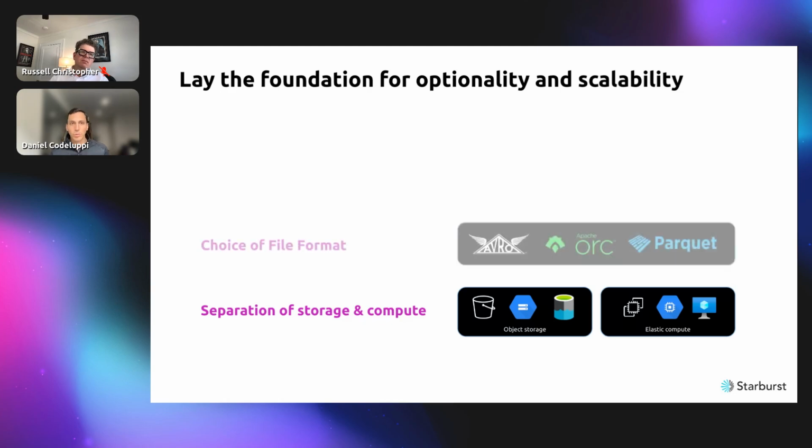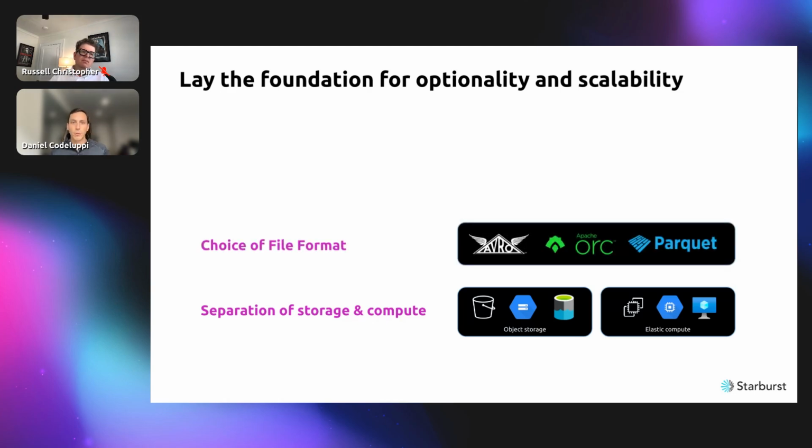The next layer to the modern data lake is the choice of file format. And this is important because you've got to consider the use case that is important for your scenario. So whether it's row versus columnar based, you can use Avro for heavy write workloads with schema evolution, or you can use ORC for maybe a Hadoop or Hive data storage, or even Parquet for also data lake storage and heavy read use cases.